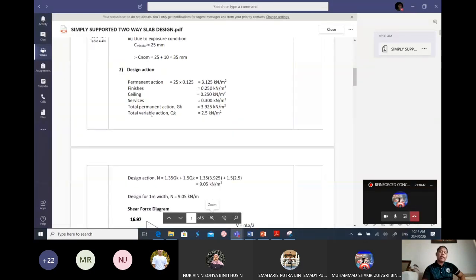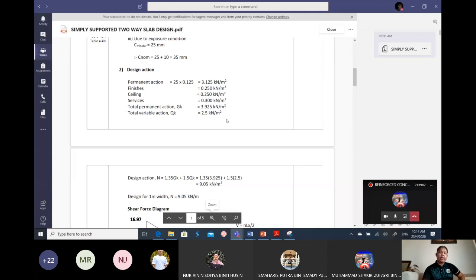So therefore, to calculate the permanent action, it is equal to the slab, 25 times 0.125, and then finishes and services, and then the total permanent action is 3.925 kilonewton per meter square.